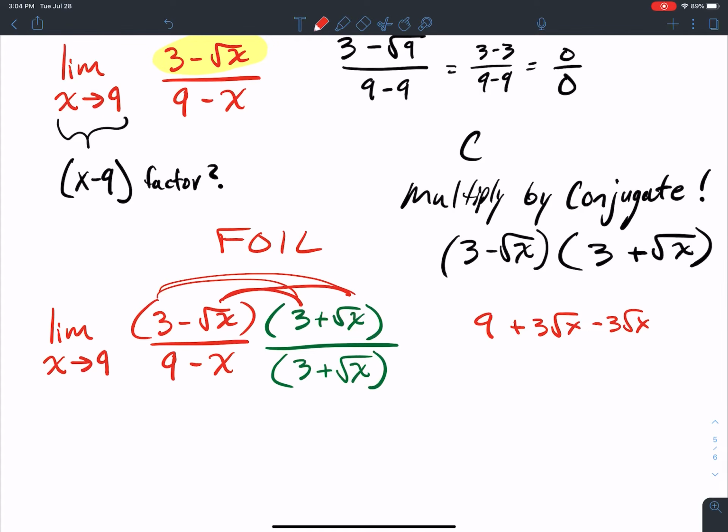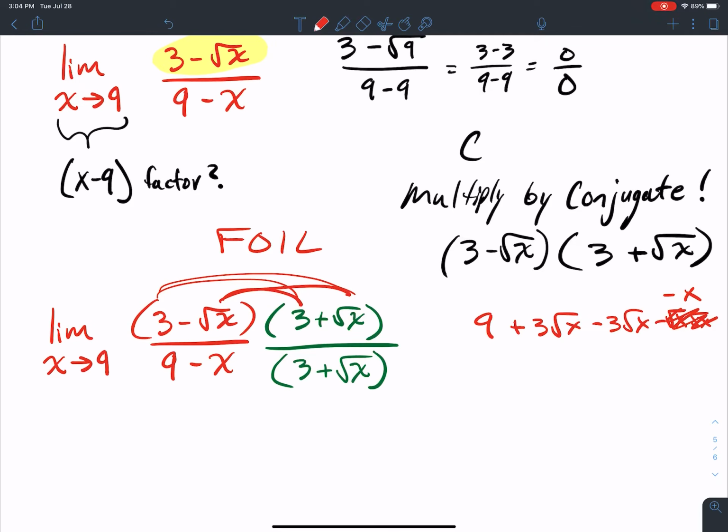And last is negative square root x times square root x, which is just x. Square root of x times square root of x is the square root of x squared, which is x in absolute value, but we're going to deal with positive numbers since x is approaching 9.